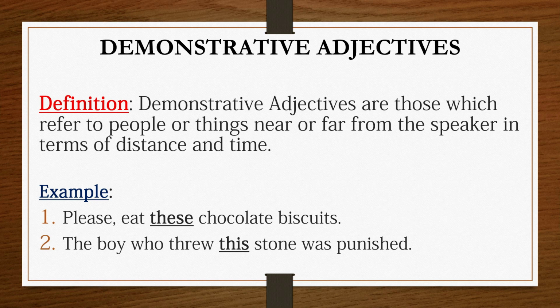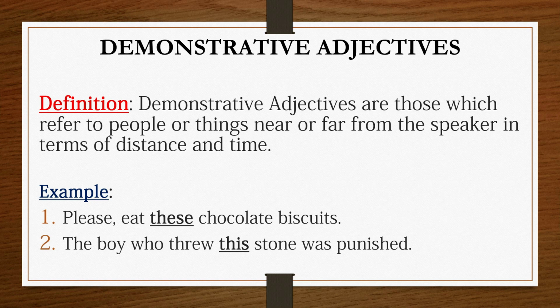But here we are talking about demonstrative adjectives, and these demonstrative adjectives point out and modify nouns in order to let us know which noun we are referring to. Now I can just say, please eat chocolate biscuits. But I am saying, please eat these chocolate biscuits.